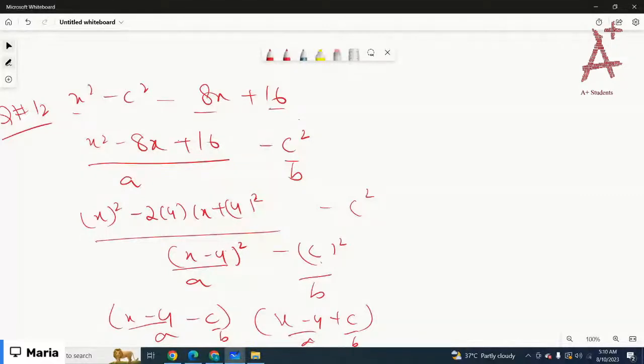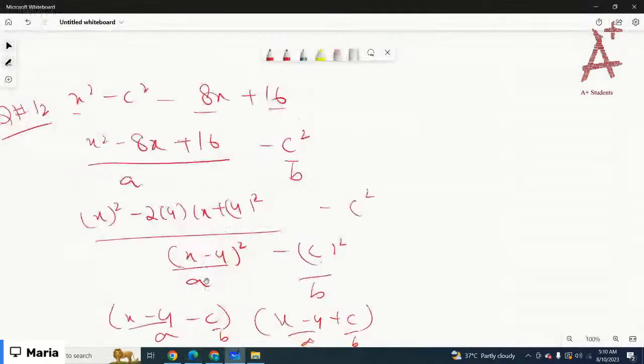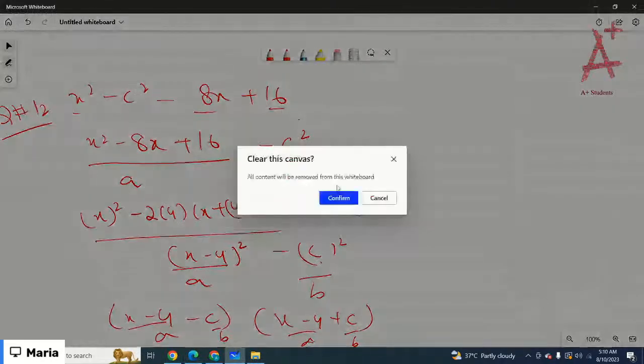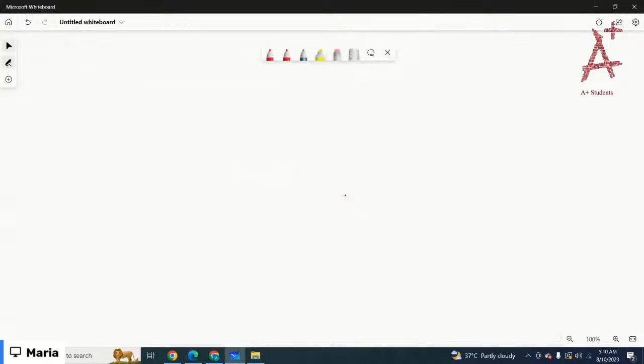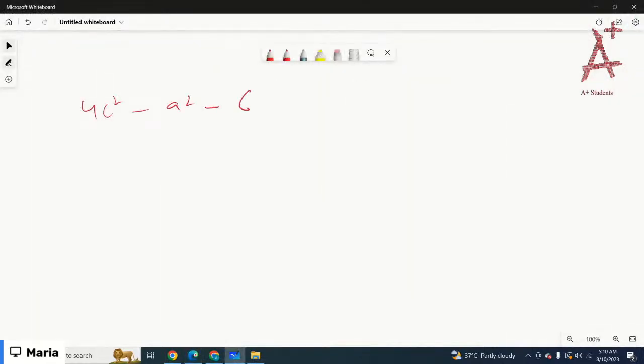Okay, the b part is 4c square minus a square minus 6ab minus 9b square.